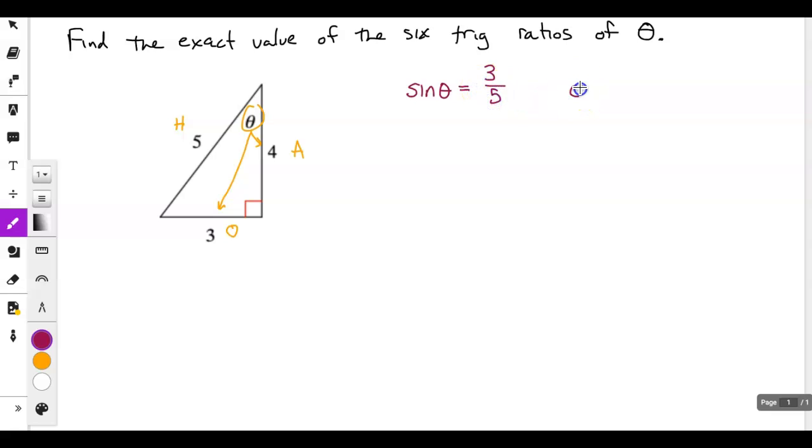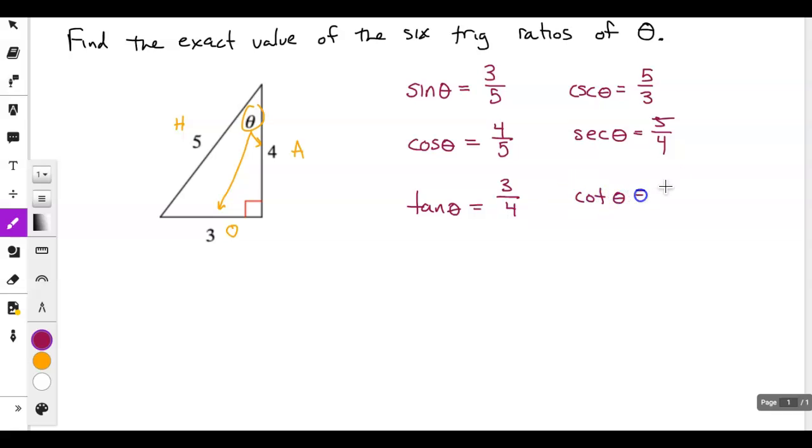Now it's easy to say the cosecant is just 5/3. The cosine of theta is adjacent over hypotenuse, 4/5, so it's easy to get the secant, 5/4, just flip it over. The tangent of theta is opposite over adjacent, so 3/4, and the cotangent is 4/3. Okay, so just one now.